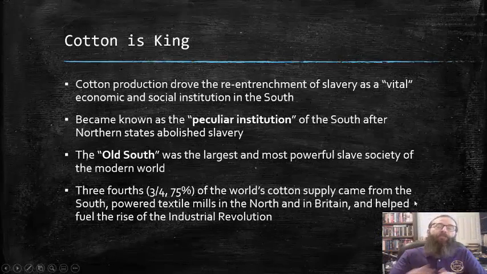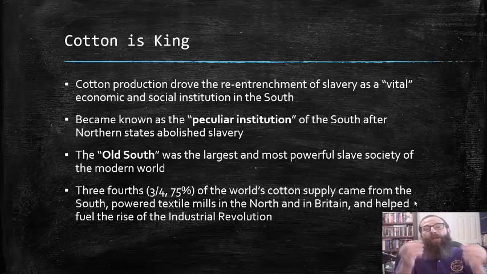As we have discussed in previous lectures, just when the institution of slavery appeared to most to be fading from economic importance, Eli Whitney's cotton gin caused cotton production to increase dramatically, and cotton quickly became the dominant export crop in the United States.